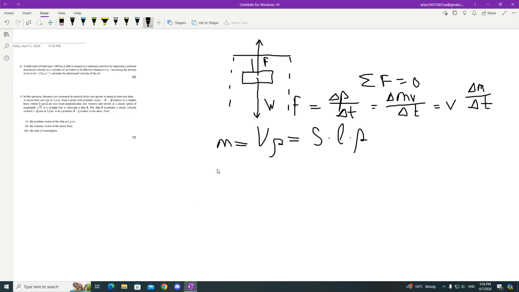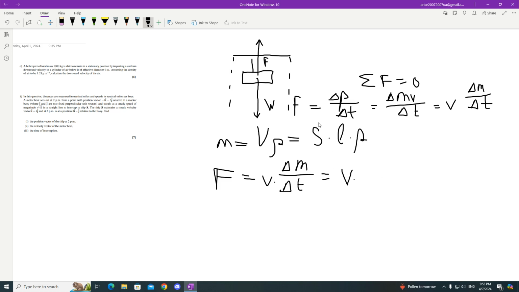So we have F equal to V delta m over delta t, that is equal to V times rho S delta L over delta t, because density doesn't change and the area of the circle doesn't change. The only thing that changes is length, because every second the propeller moves some cylinder of air downward, and that gives us impulse.